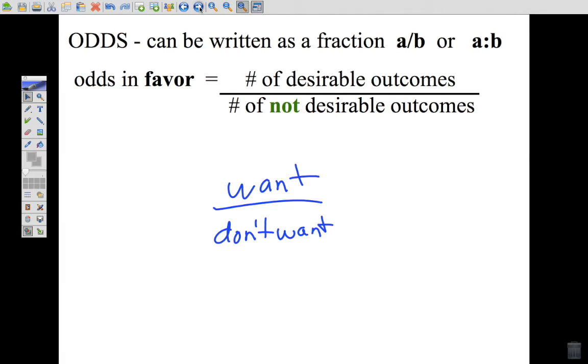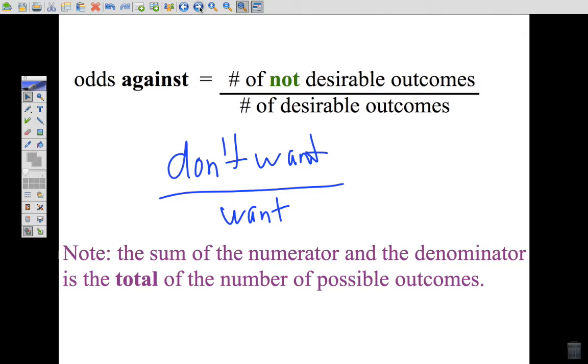We also can calculate odds against. That's when you're basically comparing what you don't want, the odds against it happening, to the odds of it actually happening. So I'm kind of flipping it, don't want and want. More technically, we could say it's the number of not desirable outcomes divided by the number of desirable outcomes. What are the odds against rolling a 5 on my 6-sided die?